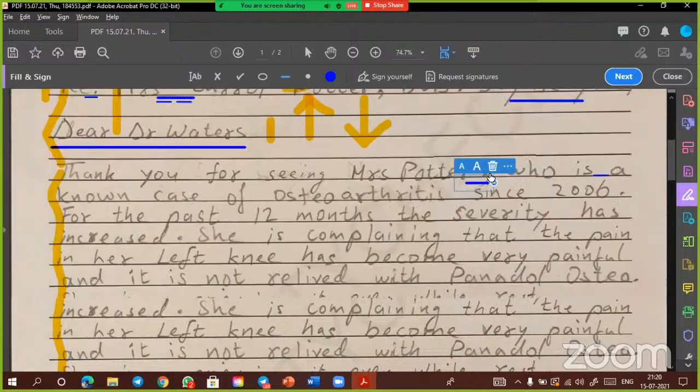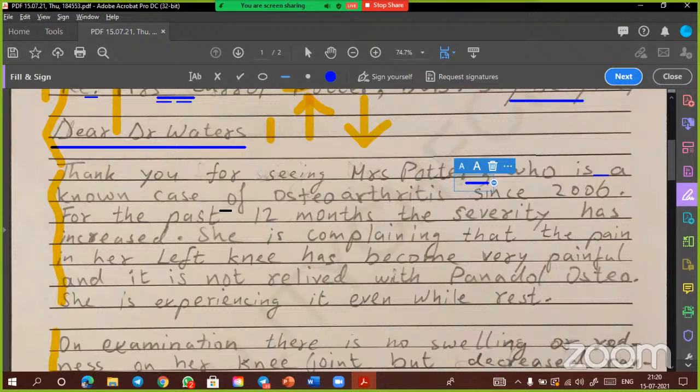Who is a known case of osteoarthritis since 2006. Okay. So when you are saying since 2006, then you have to say has been, because since is for a long time. So almost 14 years. So you can say who has been a known case. For a long duration.